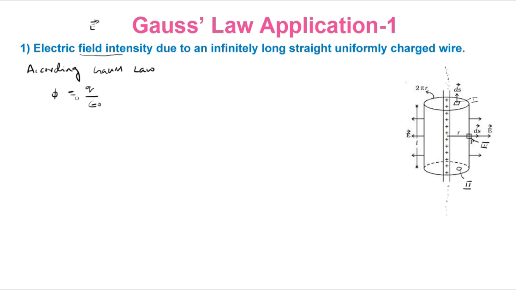So this is the Gauss law formula: the flux is equal to Q by epsilon naught, where epsilon naught is a constant.